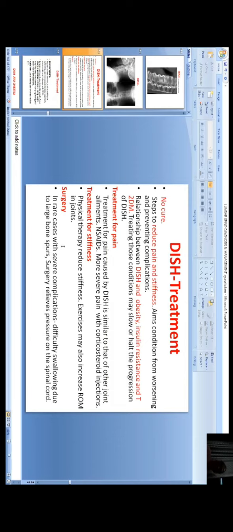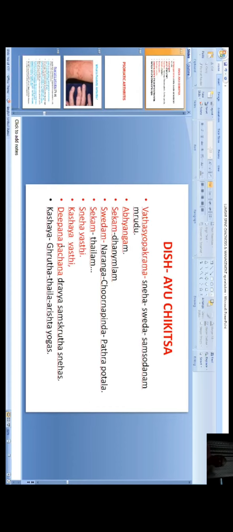This treatment is very easy. That is what we told about lumbar spondylosis or osteoarthritis. Exercise level, Vata Shamana, Abhyanga, Seka, Sweda, Sneha Basti, Kashaya Basti, Deepana Pachana, Tikta Samyukta Snehas, Kashaya, Hridya Taila, and so on.